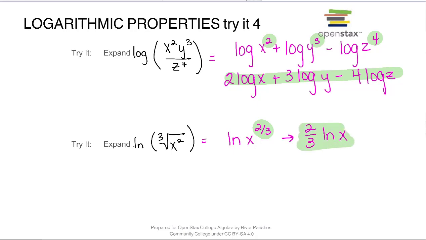So we're just moving that power to the front. So you had to rewrite it as an exponential form first. So get it out of that radical form, write it as an exponential form, and then move that exponent to the front.